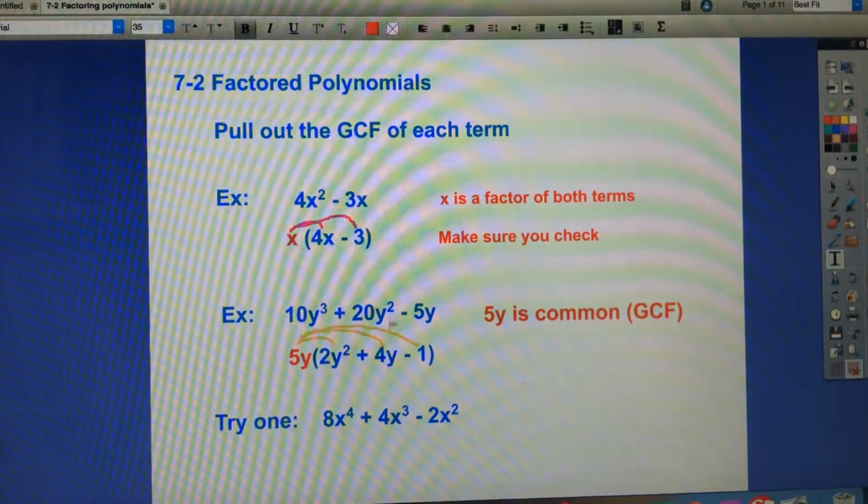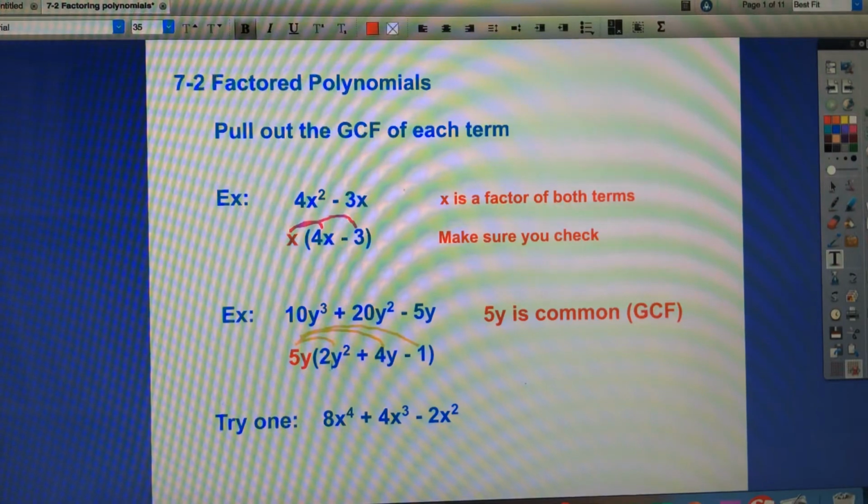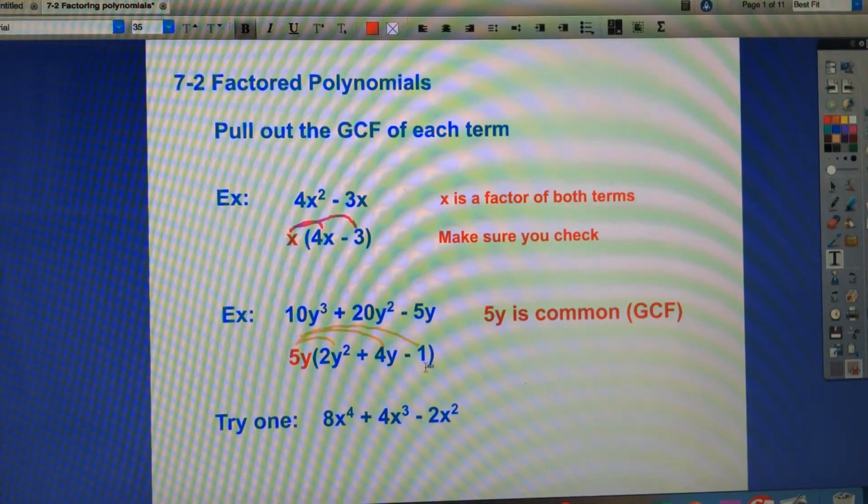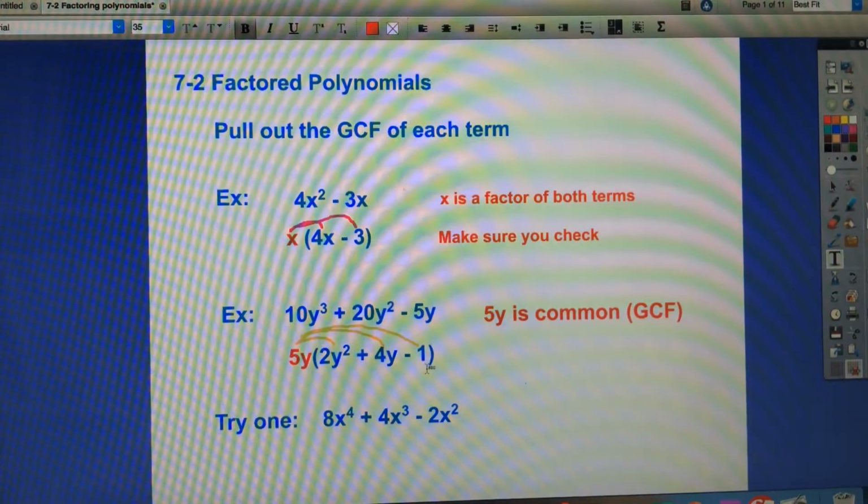Goes into 20y squared, 4y times, because 5 times 4 is 20, and y times y is y squared. 5y goes into negative 5y, negative 1 times, which means subtract 1.